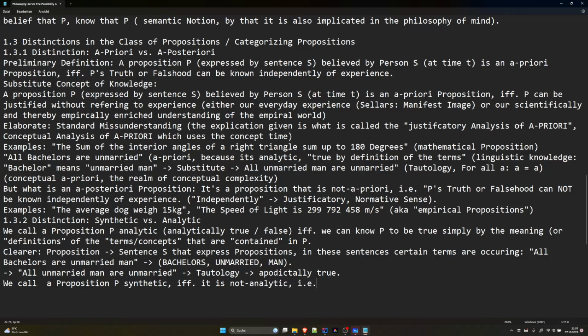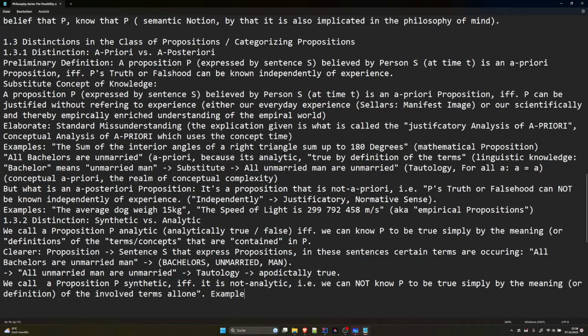And by that we mean we cannot know P to be true simply by the meaning or definition of the involved terms alone. Okay, this is simply negating what the analytic proposition is.